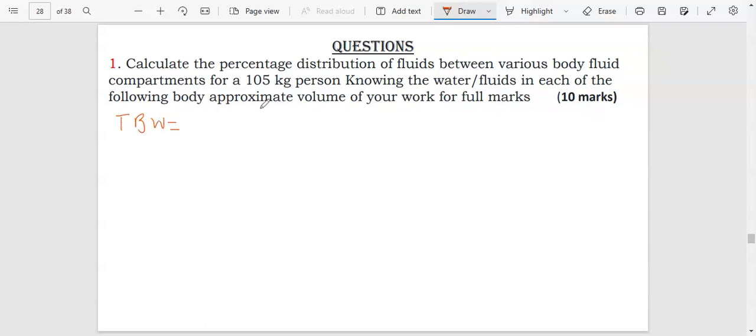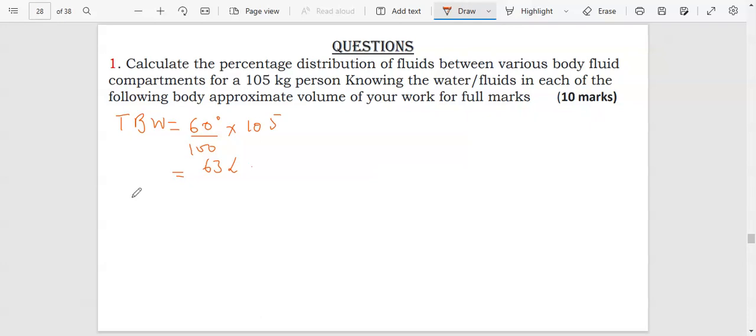For a male it is 60%, which is 60 out of 100 times the body weight, that is 105. So 60 out of 100 times 105 gives us 63 kg, which is equal to 63 liters. So this is the total body water.